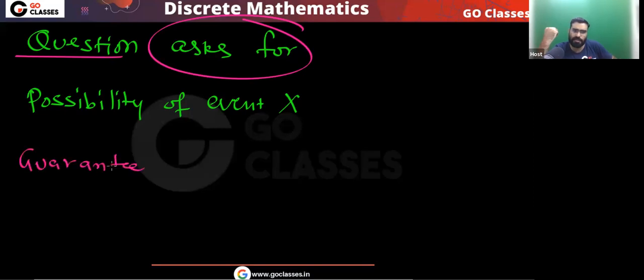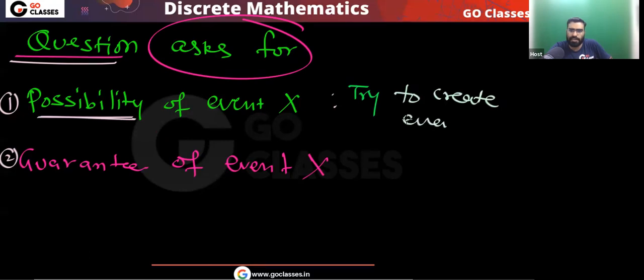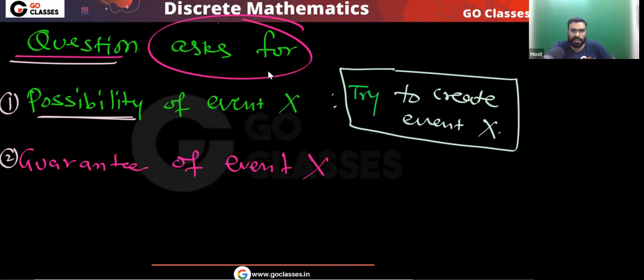In any subject, operating system, algorithm, whatever subject you take, this type of question can come. If the question is asking for possibility of event X, then you will try to create event X, because the question is asking, is event X possible?